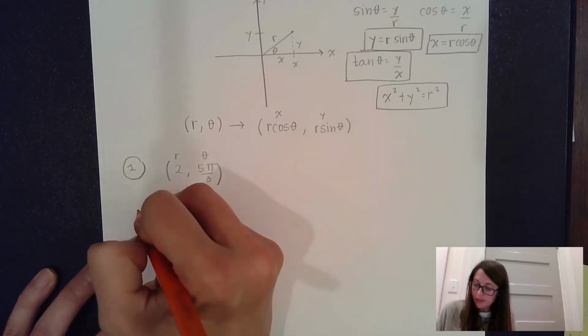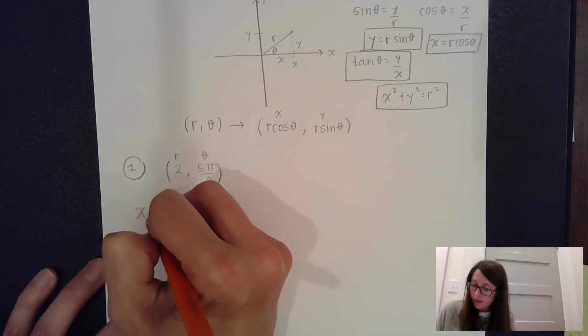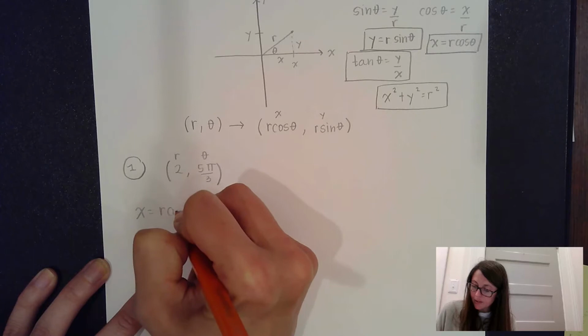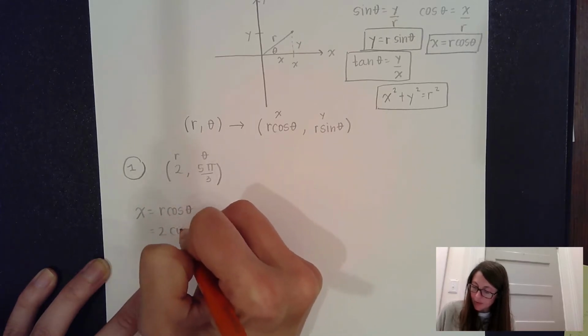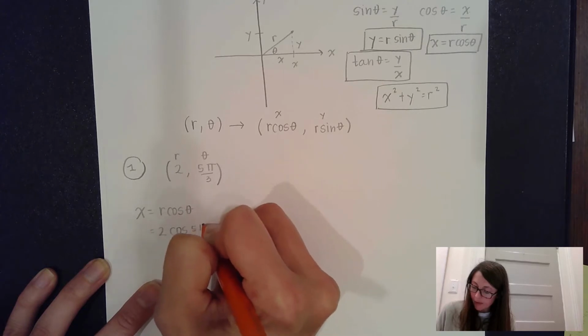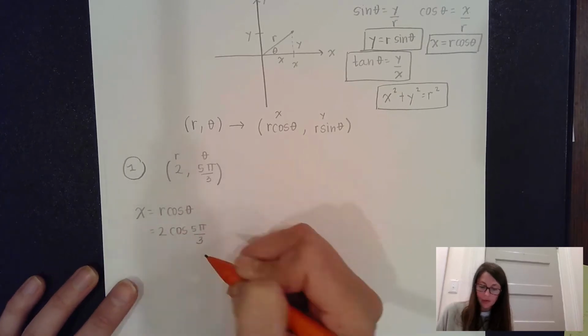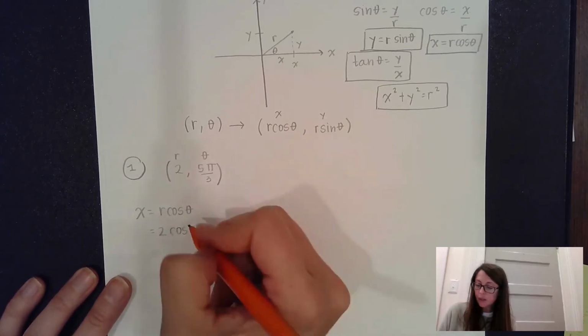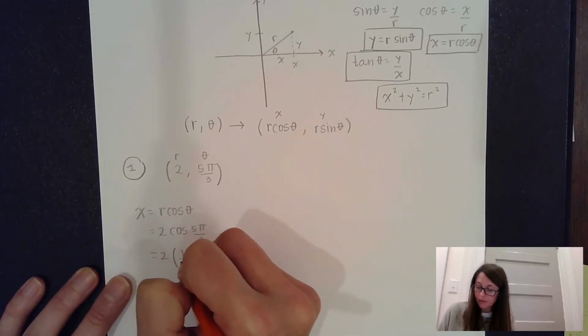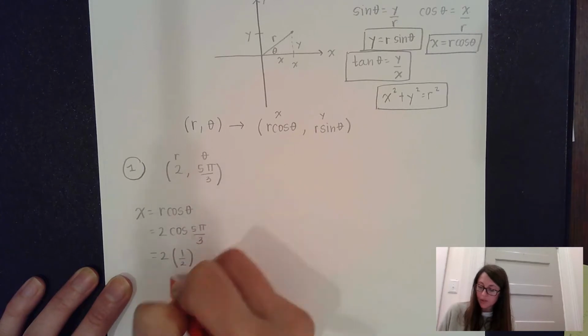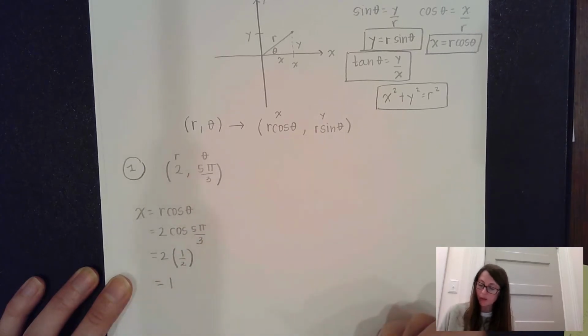So I want to find x, and for x I'm going to say r times cosine of theta. So I'm going to say 2 times cosine of 5 pi over 3. Cosine of 5 pi over 3 is 1/2. So this will be 2 times 1/2, which is just going to be 1.